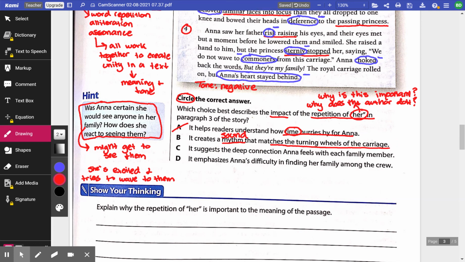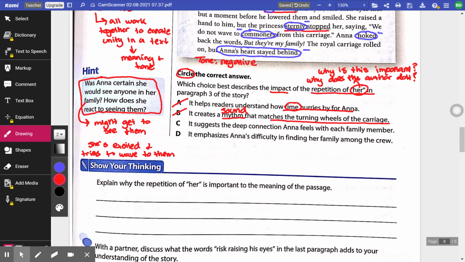If this was another example of a sound, it might work, but we're not focused on sounds here. We're focused on the repetition of a single word. So answer choice B is not the best option for us.